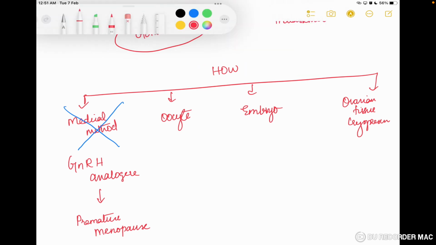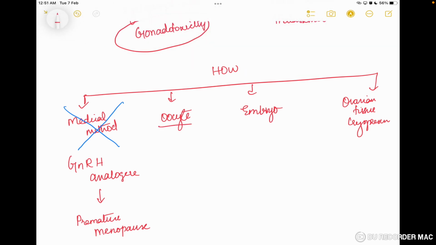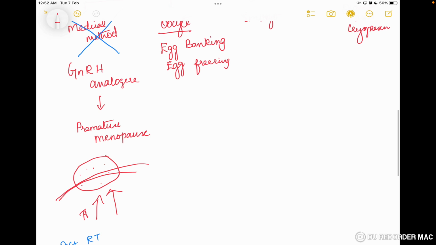So the second point is oocyte preservation. Oocyte preservation is otherwise called as egg banking or egg freezing. So this is not for prepubertal girls.